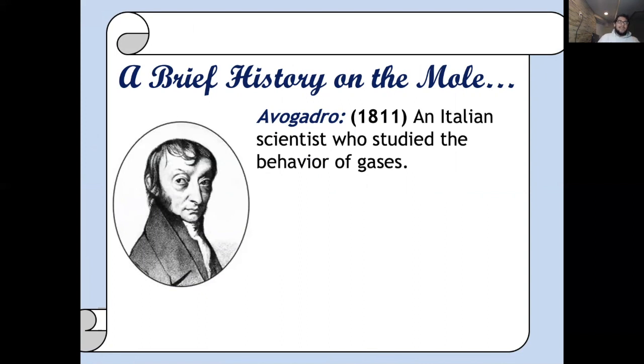Avogadro, though, an Italian scientist who really spent most of his life studying how gases behave, right? And these cool glass containers. He'd do a lot of cool experiments with gases, changing temperature, pressure, all these things to figure out how do the molecules that make up the gases work, right?